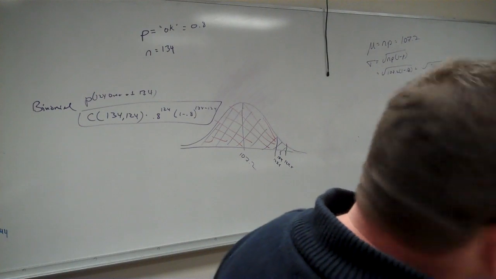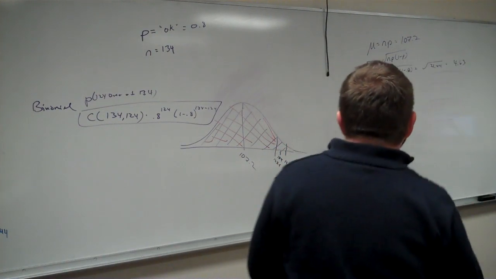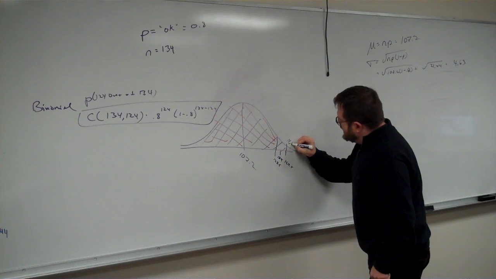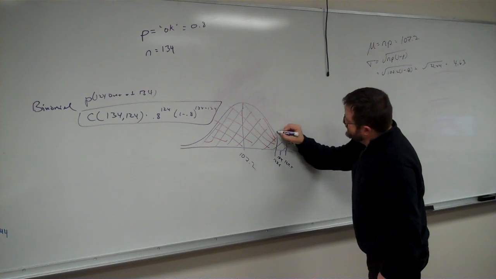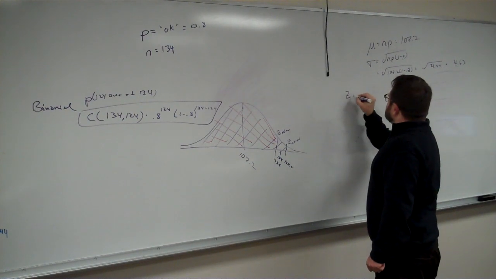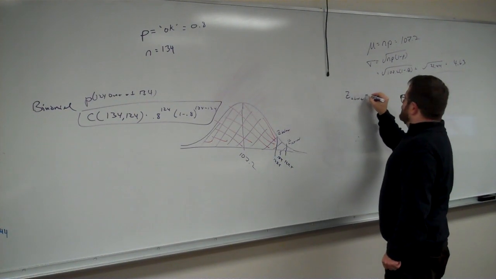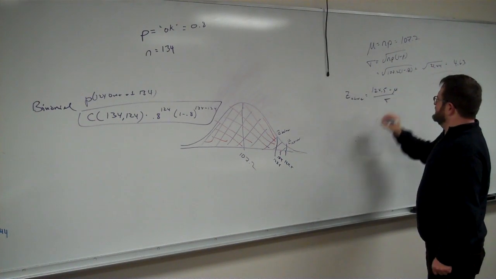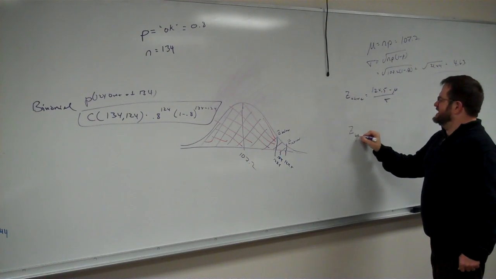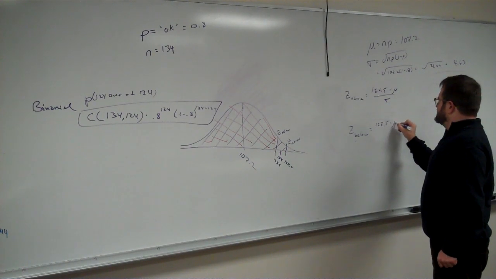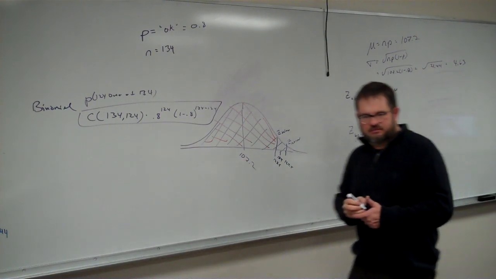That again would be a z-score thing then. We would need to find the z-score, we'll call this one z above, and we'll call this one z below. Z above would be 124 and a half minus the mean divided by the standard deviation. And z below would be 123 and a half minus the mean divided by the standard deviation.